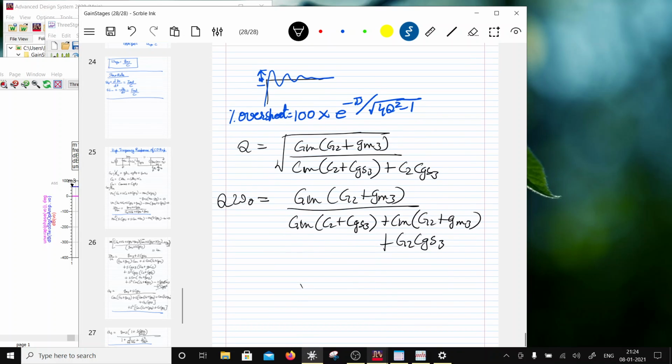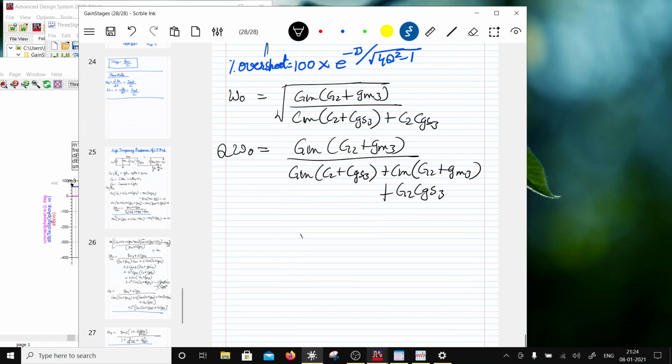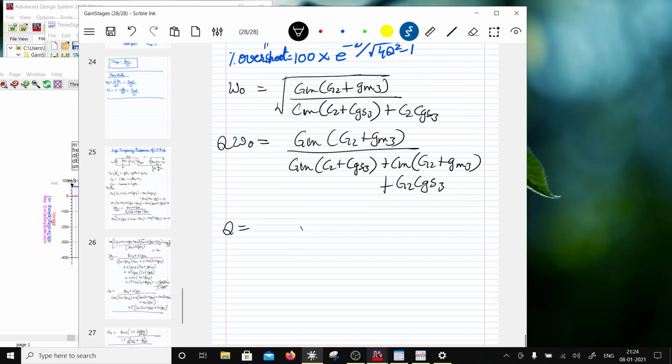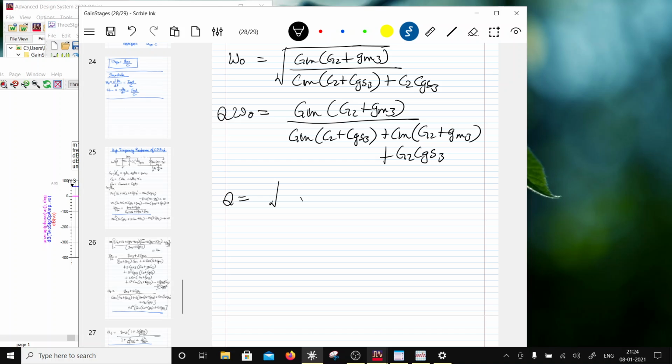Okay, so what did I do? I made a mistake here. This is omega naught from the third term, and this is your Q. So the Q would be given by, cross multiplying, the square root of G_in (G2 + GM3), that will remain, multiplied by C_in (C2 + CGS3) plus C2 CGS3, right?